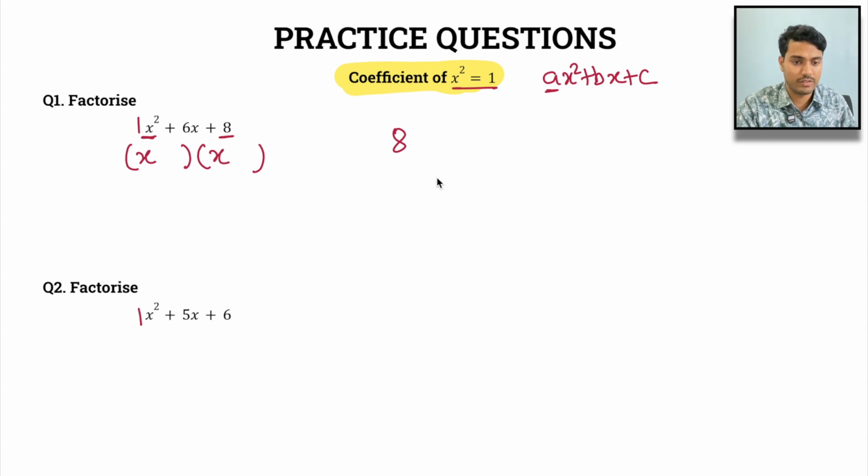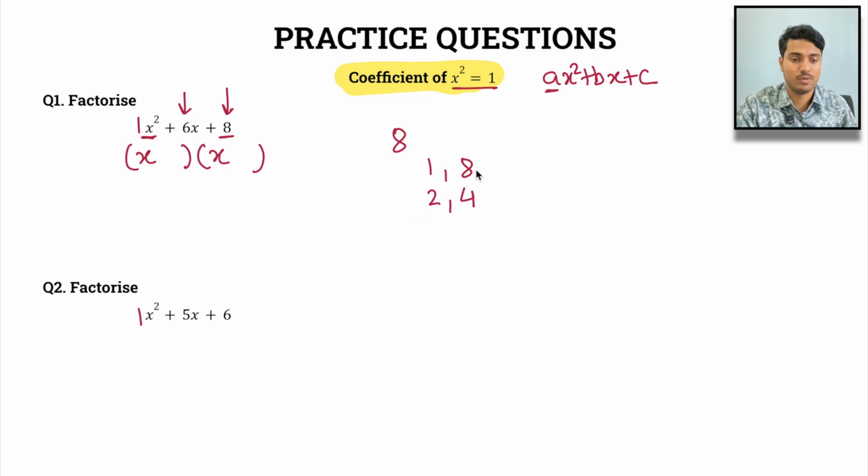The possible factors of 8 are 1 and 8, then 2 and 4. You have to find the best possible combination. The product of these two numbers should be equal to 8, and if you add these two numbers, you should get the middle term, which is 6.